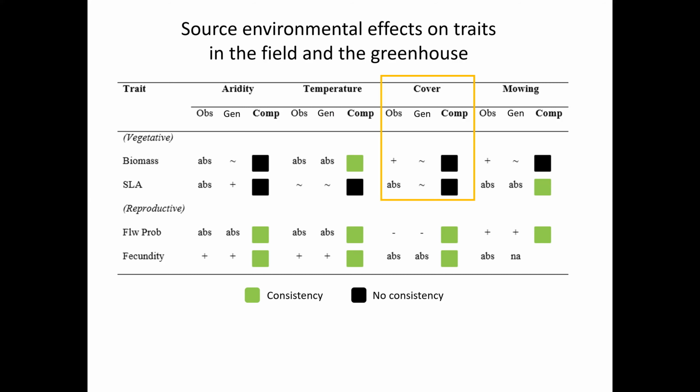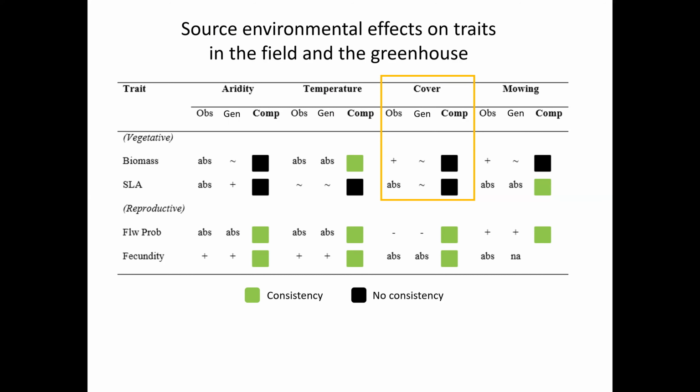For example, there is a positive effect of vegetation cover on biomass when looking at observational data. And the effect is not clear when looking at genetic patterns because of the presence of interactions between source and exposure effects. That's what is meant with that sign.